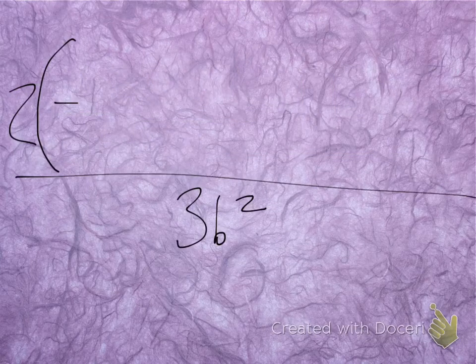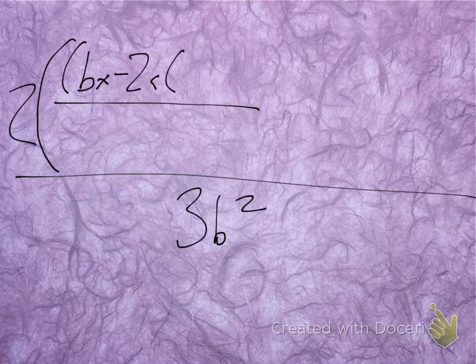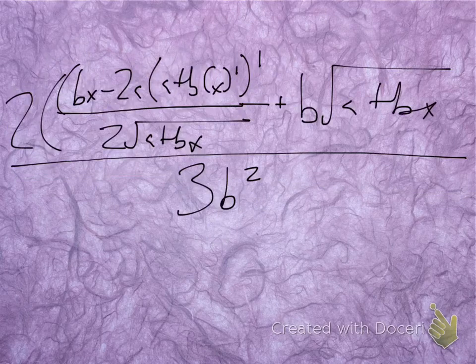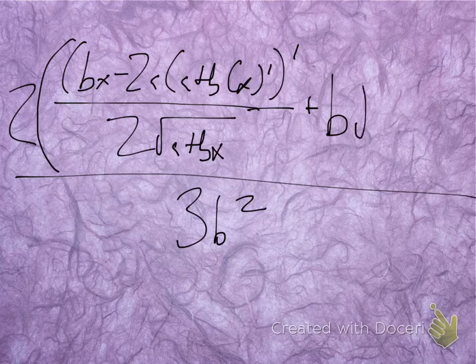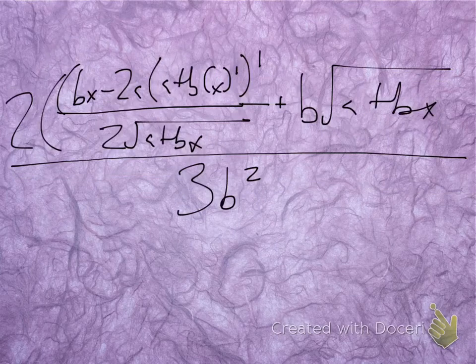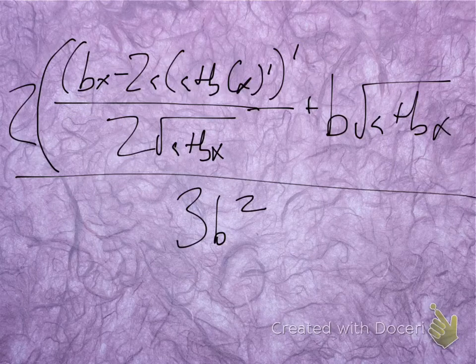We're just going to have bx minus 2a times a plus bx prime over 2 times a plus bx plus b times rad a plus bx. I don't think we changed anything. Okay, I think we simplify as much as we can here.